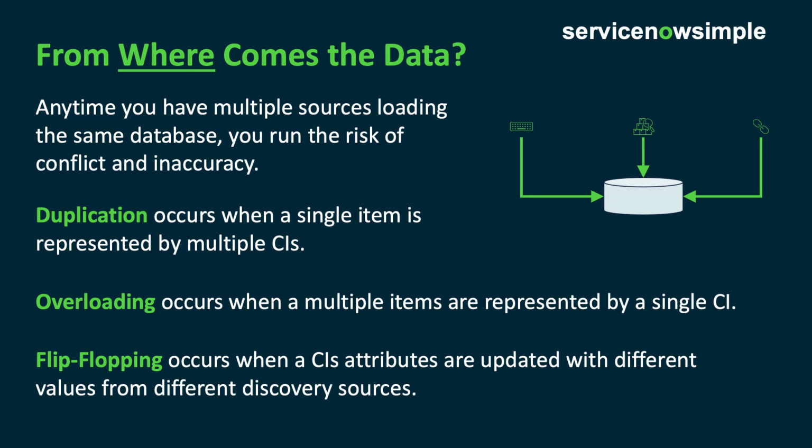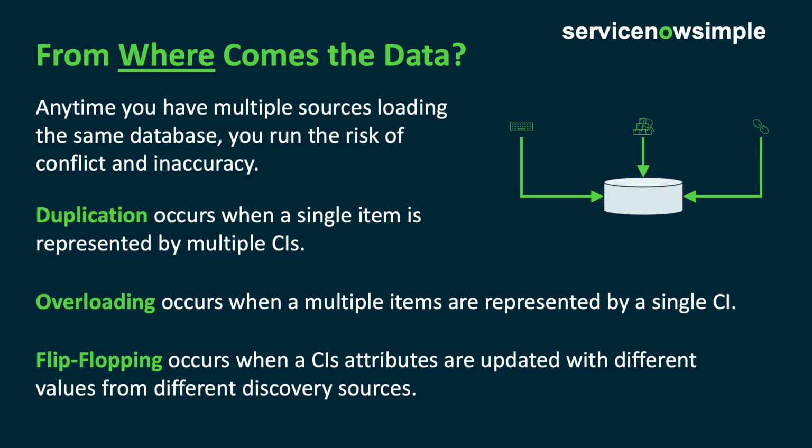It's possible, for example, to have some configuration item, say a computer, that gets entered manually, loaded via an integration, and discovered automatically. When multiple CIs exist within the CMDB that represent a single real-world item, you end up with duplication.